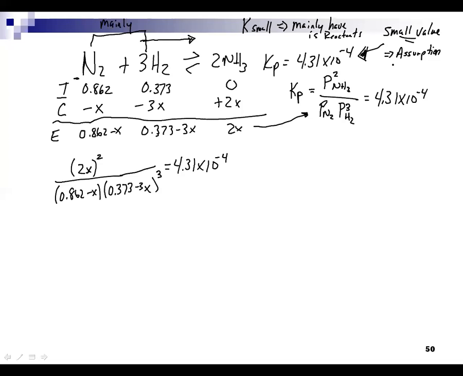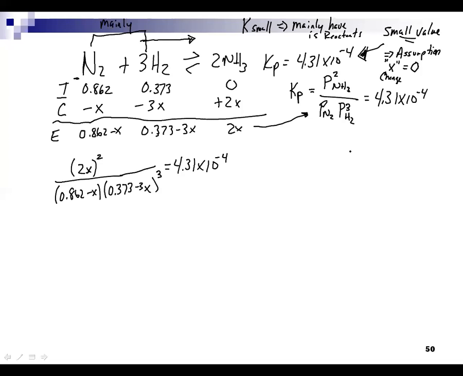And that assumption is that the change, which is represented by x, is going to be really small, so small you could call it 0. So we can assume in this case that the overall change that occurs in this reaction, because of the small equilibrium constant, is going to be a really small value.